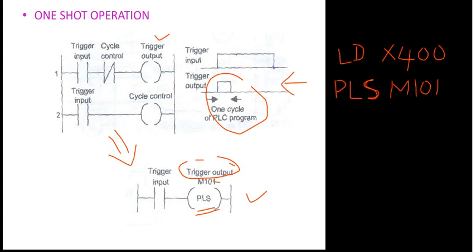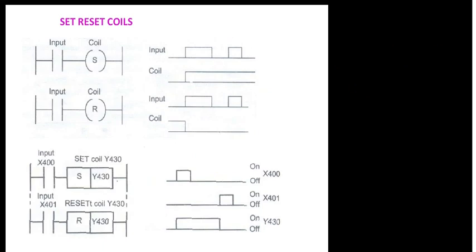Now let us move on to one more important aspect which is referred to as set reset coils. So in many of your operations, industrial process control or industrial operations, it is necessary to set the things and reset the things with the help of the internal relays.